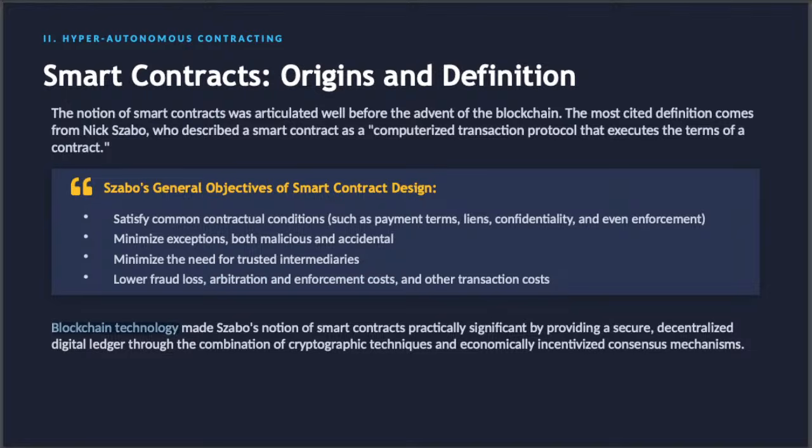The blockchain technology made Szabo's notion of smart contracts practically significant. So now it's a practical ability to be done. Now it's significant by providing a secure, decentralized digital ledger through the combination of cryptographic techniques and economically incentivized consensus mechanisms. What are economically incentivized consensus mechanisms?